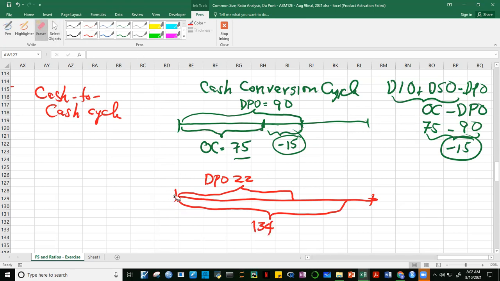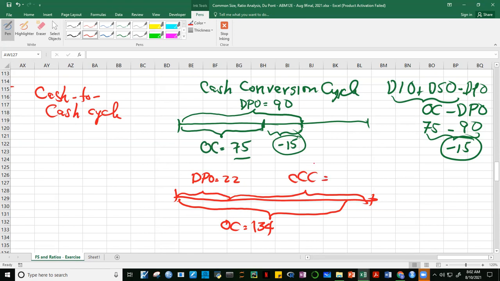So let me just fix this a bit para mas pronounced. So this is 22 DPO. Okay, this is OC, operating cycle. So when we subtract 134 minus 22, ito yan. So this is our cash conversion cycle, which is 112.